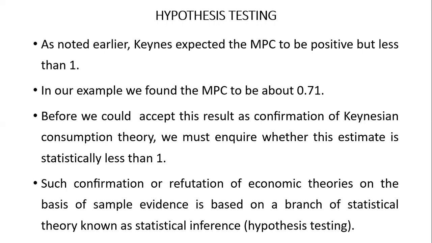However, before we could accept this result as confirmation of Keynesian consumption theory, we must inquire whether this estimate is statistically less than 1. Although, as we are seeing it, it is less than 1, that is different from statistical significance or statistical testing. So we need to subject it to a statistical test to know whether it is statistically less than 1.